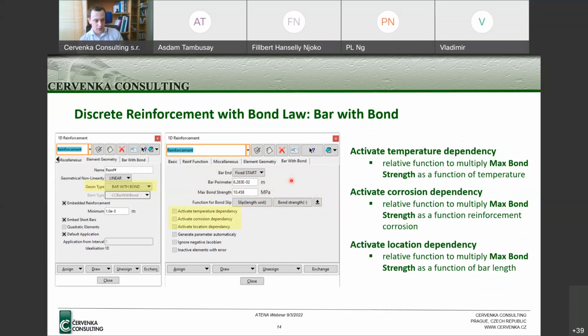Also for this function, there are some dependency functions available.